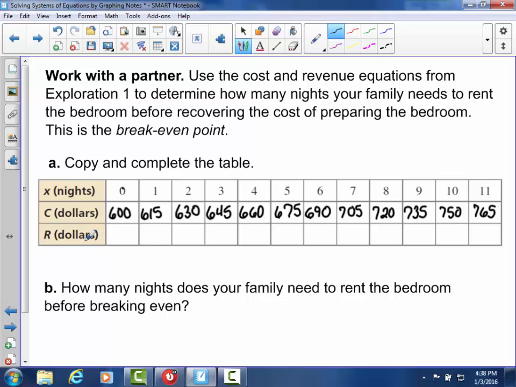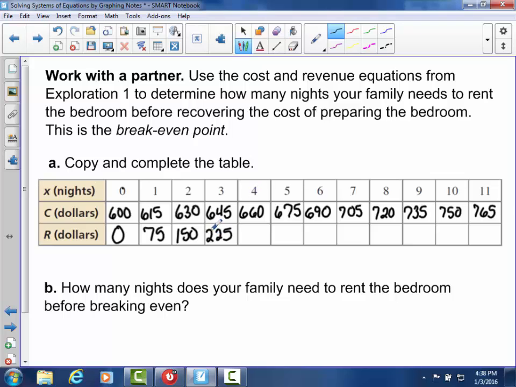For our dollars, that was our 75x, so we're just going to multiply 75 times 0, so 0 nights is $0. 1 times 75 is 75. 2 times 75 is 150. 3 times 75 is 225.